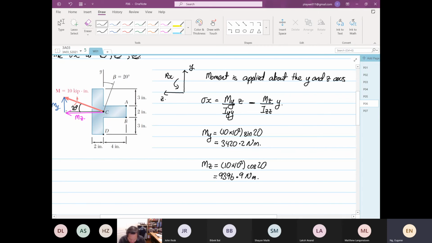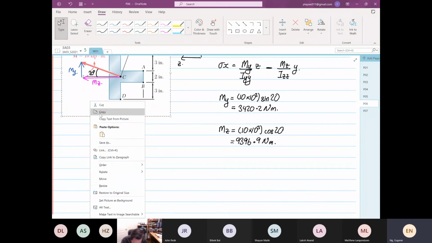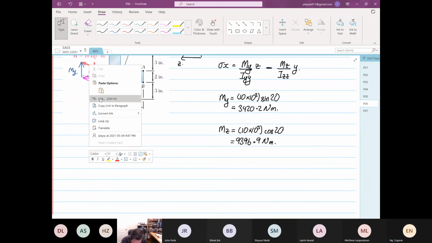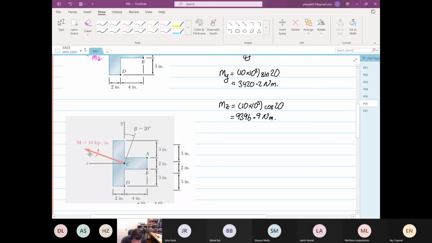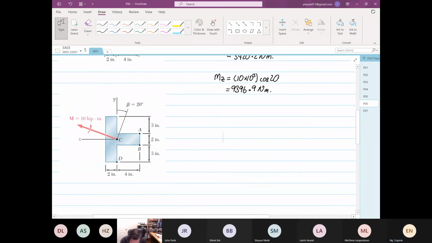So next is the IYY and IZZ. Okay, so we're going to find IYY. All right. So YY, the position. So I'll draw the axis of interest.